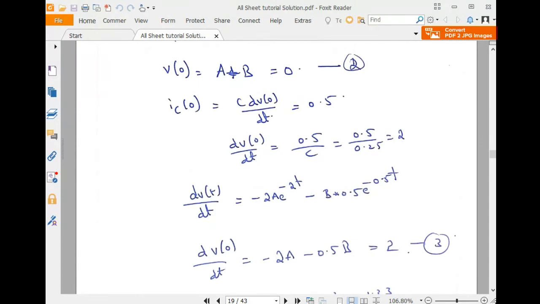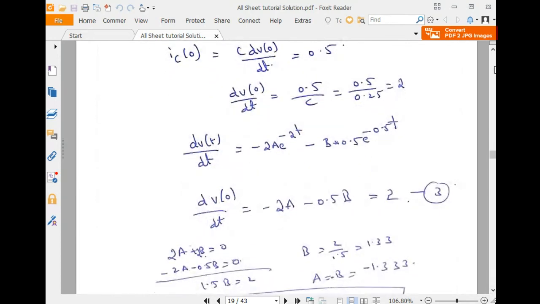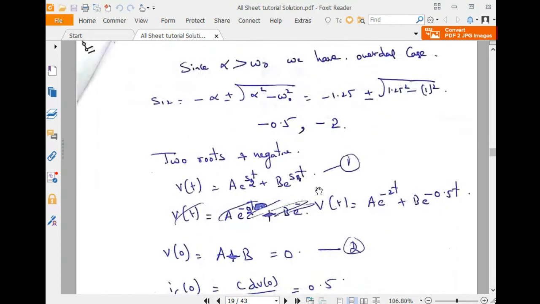Save. Now differentiate the first equation, the standard equation. It becomes dV of t by dt equals A into e power minus 2t multiplied by minus 2 plus B e power minus 0.5t multiplied by minus 0.5.